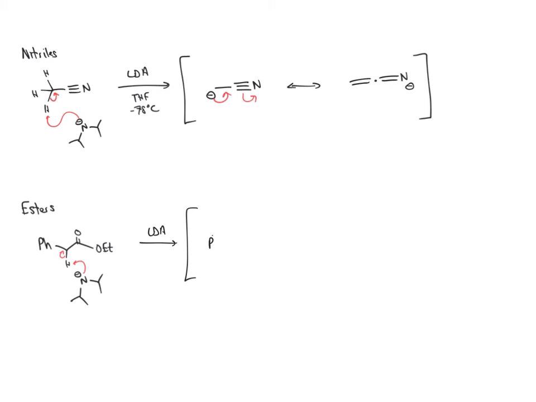That gives us a carbon-based enolate. And that can delocalize to give you the oxygen-based enolate. And we normally draw enolates with the negative charge on oxygen because oxygen, of course, is more electronegative, and so it's more stable that way.